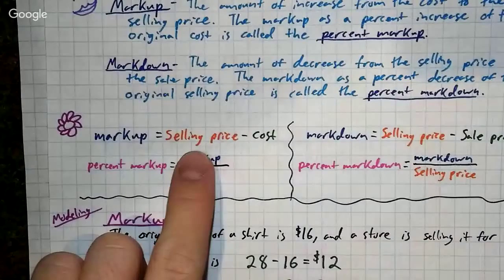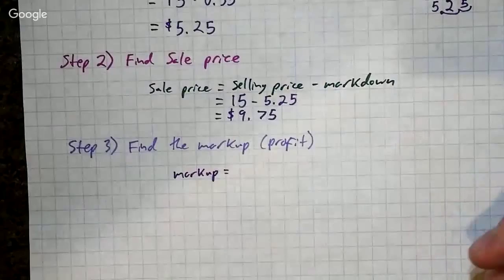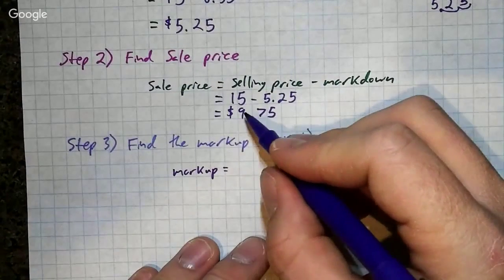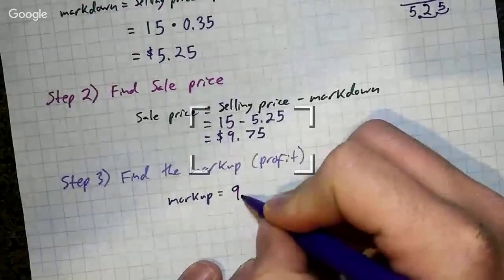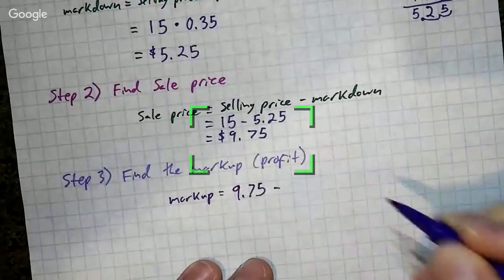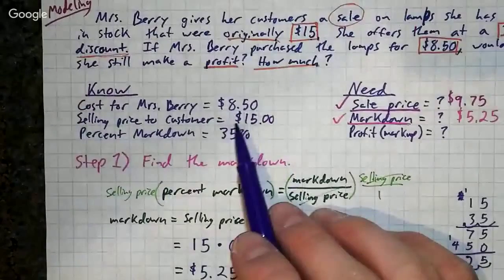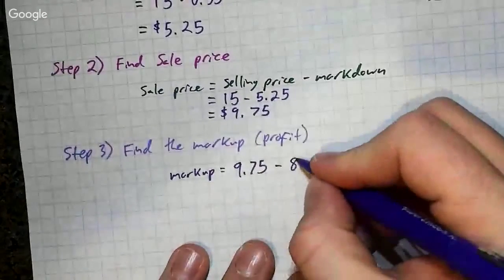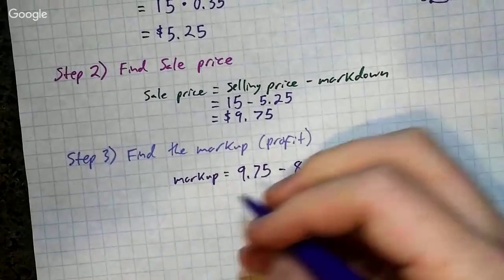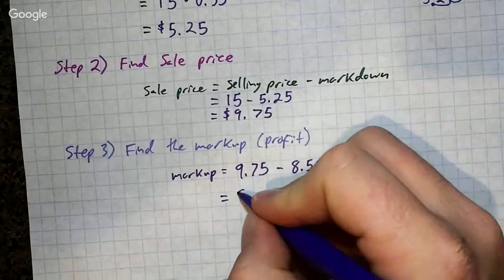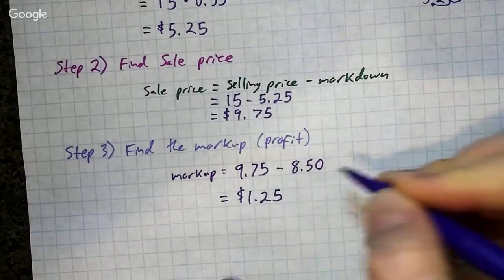So to find the markup, we just follow our equation, selling price minus cost. So where's the selling price, which is now the sale price, $9.75, minus the cost, which is, what did Mrs. Berry initially buy them for? $8.50. So the markup is actually going to be $1.25.